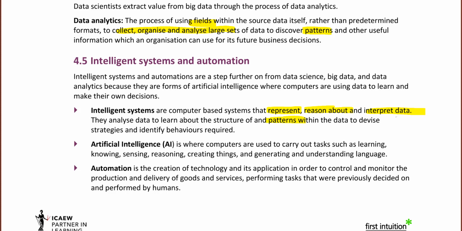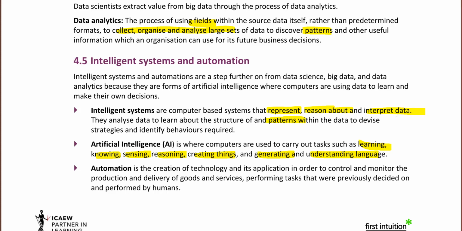Now this is where we've got computers that work and react like humans. So they carry out tasks such as learning, knowing, sensing, reasoning, creating things, and generating and understanding languages. So all behaviours that we typically associate with humans, but perhaps not computers.